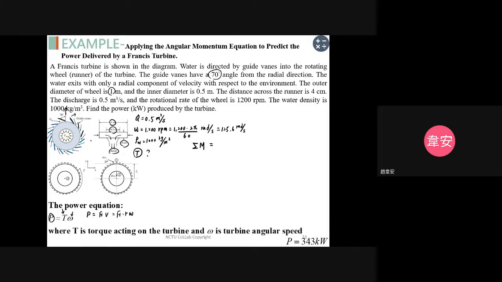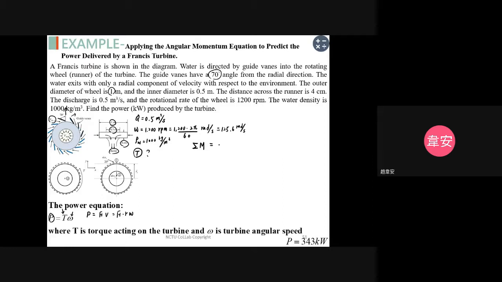But for this problem, we know that the rotation axis is at the runner center. For the outflow, it passes through the center of the rotation axis. So for this problem, we don't have angular momentum contributed from the outlet. We only have the inflow.